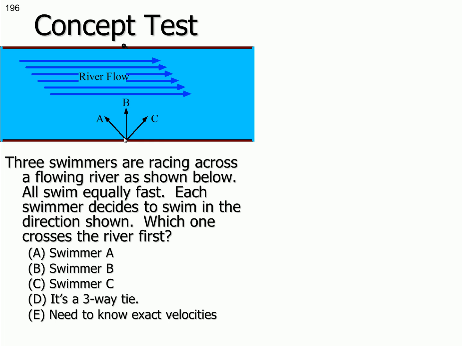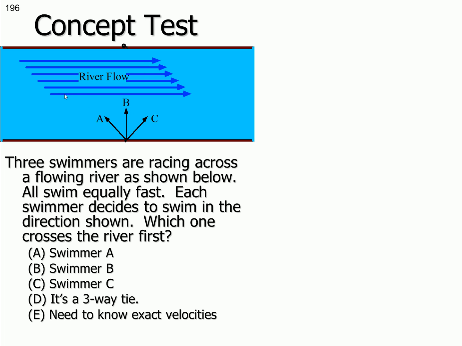Well, if it's not flowing, then it's clear that swimmer B is going to reach first, because swimmer B has the velocity component that is maximized along this vertical direction, and the time it takes is the distance d divided by the velocity along this vertical direction. A and C have smaller components of their velocity along the vertical direction, so they're going to take longer to get to the other side.